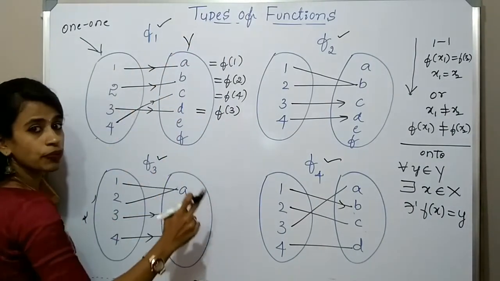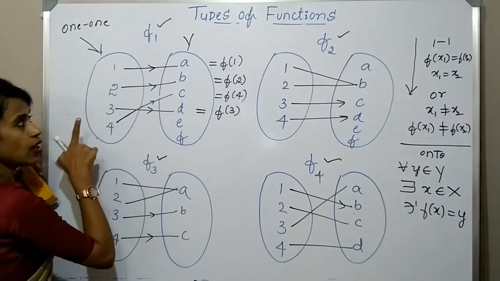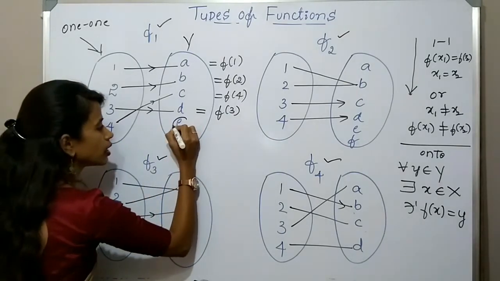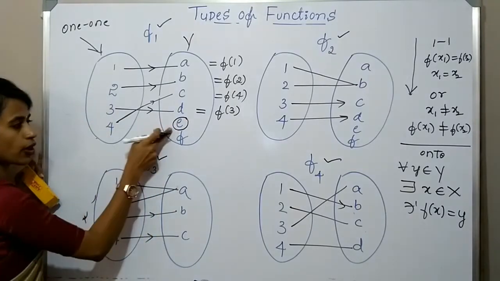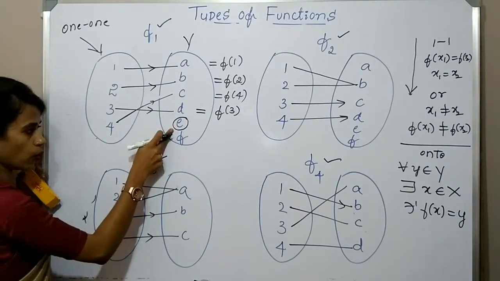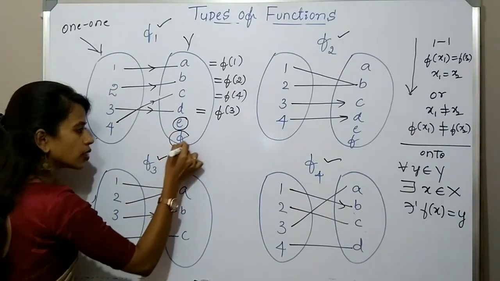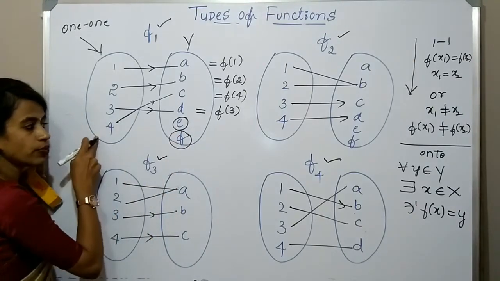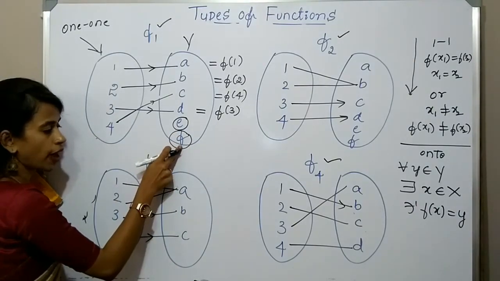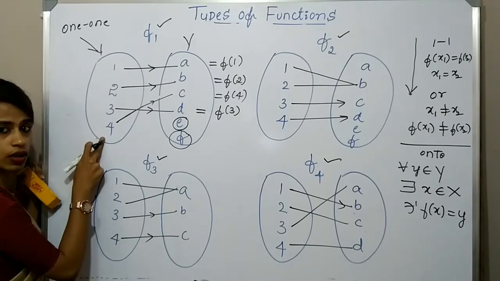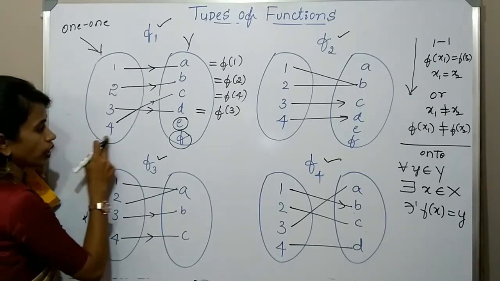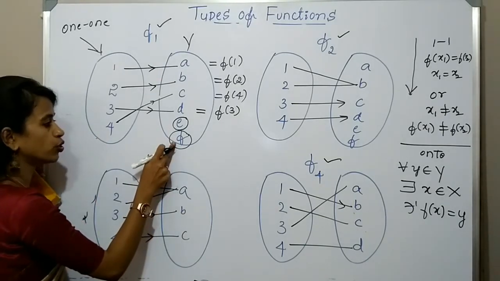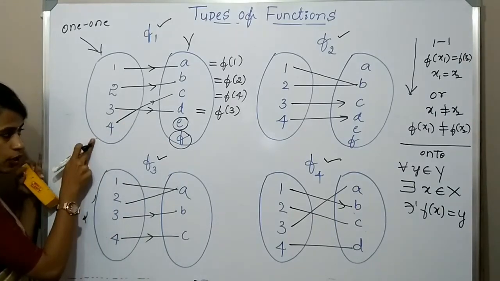For E, is there a pre-image for the element E? No. If I take F, does F have a pre-image in the domain? No. Here E and F both do not have pre-images in the domain.